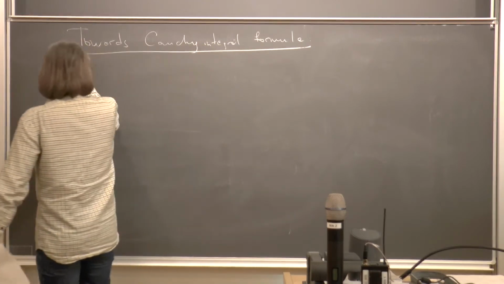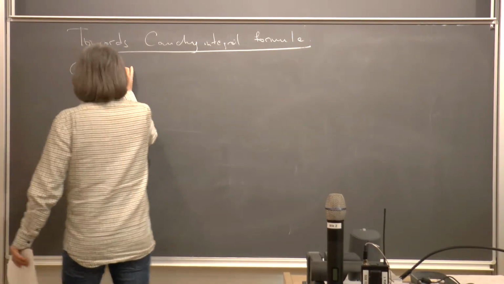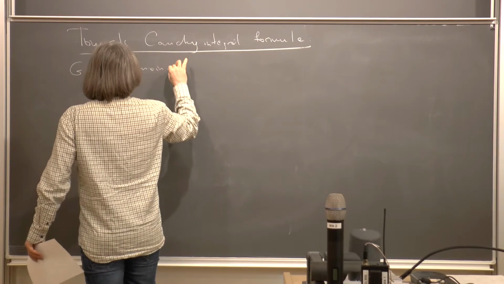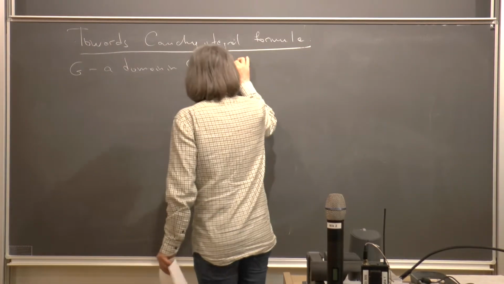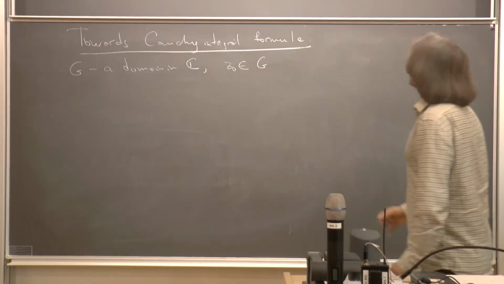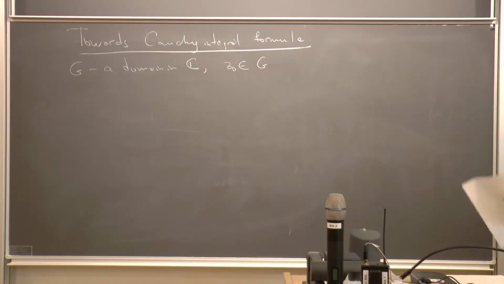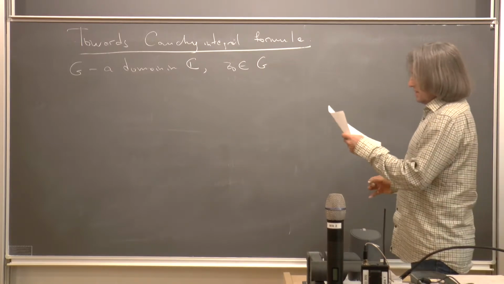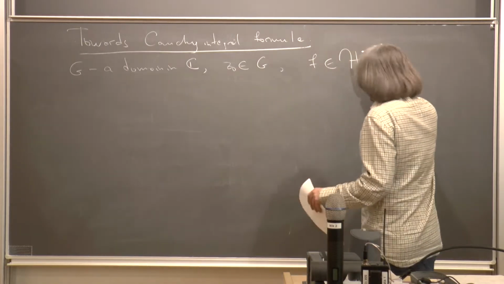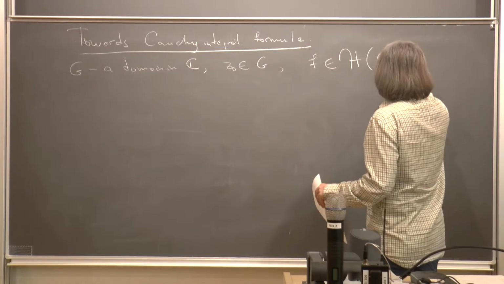We have G, which is a domain in C, and Z0 is a point in G, just like we had the point 0 inside the disk. And suppose that we have a function f, which is holomorphic in G outside of this point.